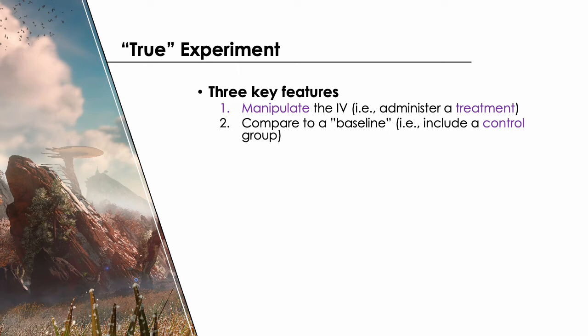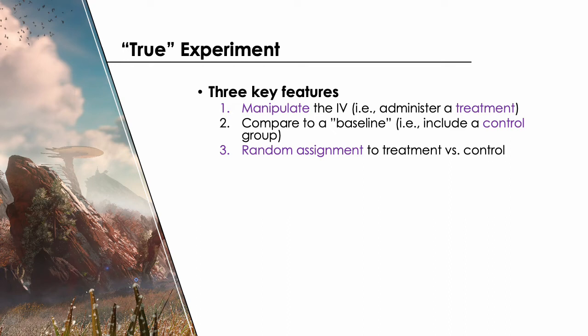And so in this case, if my treatment group is assigned to play a violent video game, I might compare them to a baseline group who plays a non-violent video game, or a similarly action-packed and exciting game, but that doesn't contain violence. And we'll talk later in the semester about how we could try and design such an experiment in that way. And then finally, we're going to have random assignment to treatment or control.